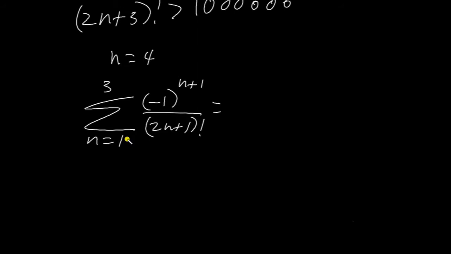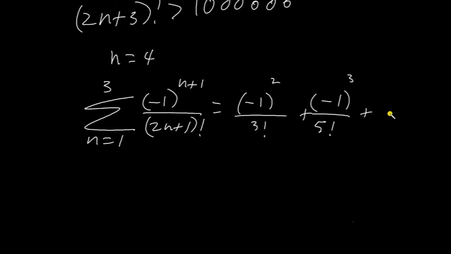So if we plug in 1 into n, we'll get negative 1 squared over 3 factorial. And then if we plug in n equals 2, we'll get negative 1 cubed over 5 factorial. And then we get negative 1 to the 4th over 7 factorial. Right, we're plugging in n equals 3 here.